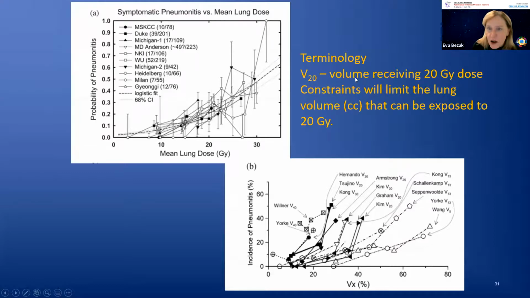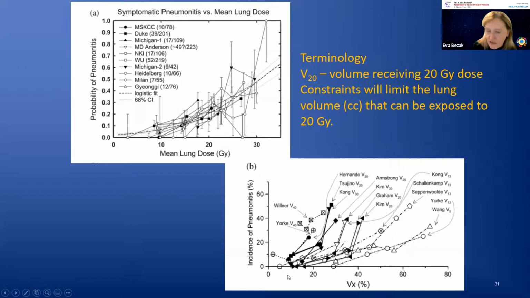And it describes the volume of the lung receiving 20 gray dose. So the clinician will define a constraint that will limit the lung volume in cubic centimeters that can be exposed to 20 grays. Here we have the incidence of radiation pneumonitis versus Vx in percentage.